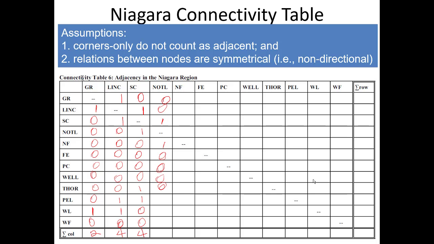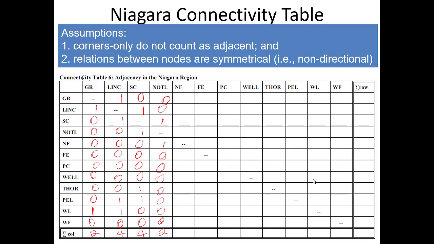Thorold, nope, because we do not count in this instance corners. Pelham, nope. West Lincoln, no. And Wainfleet, no. All right. We add those up, and we get a 2. So the measure of centrality is 2 for Niagara-on-the-Lake.